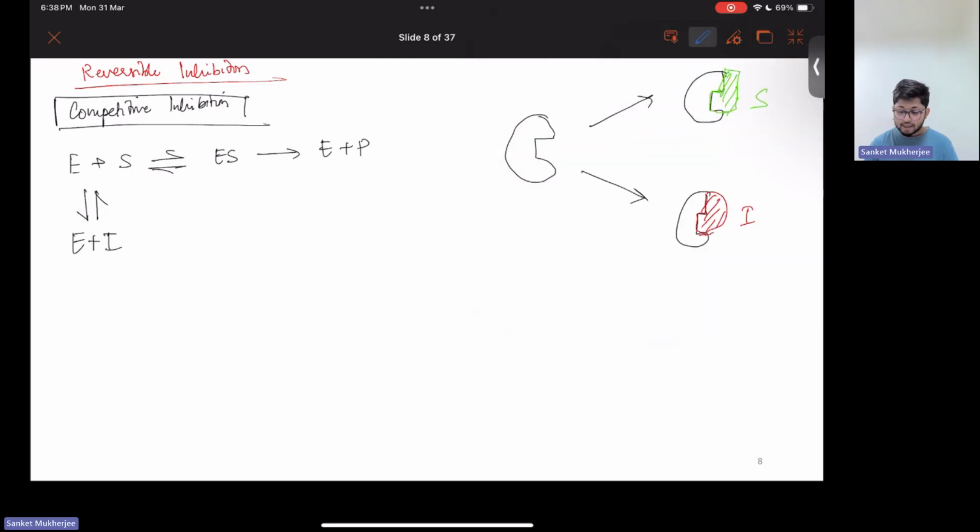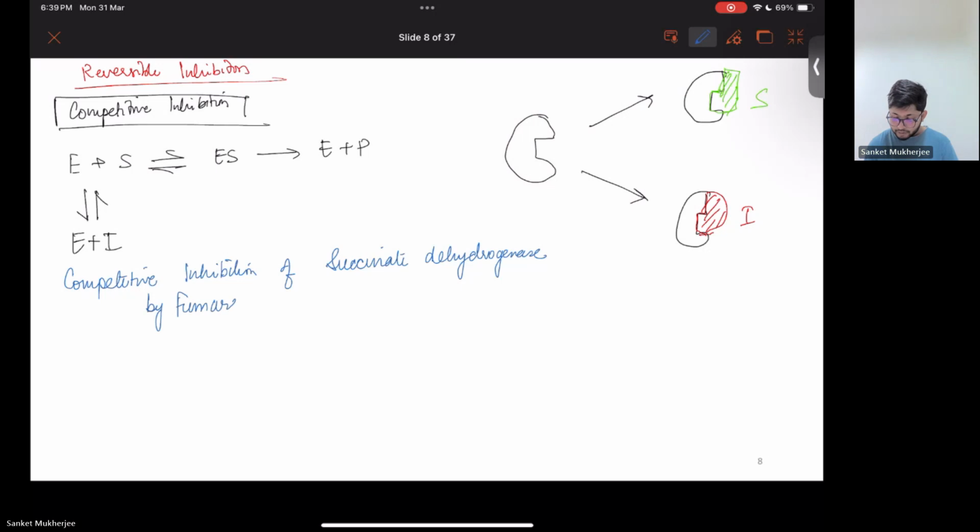If we take certain examples, we will see competitive inhibition of succinate dehydrogenase by fumarate, malonate, and oxaloacetate. Fine, these are some examples.